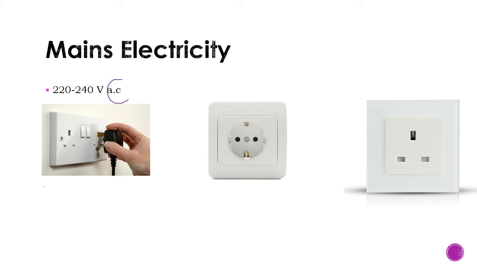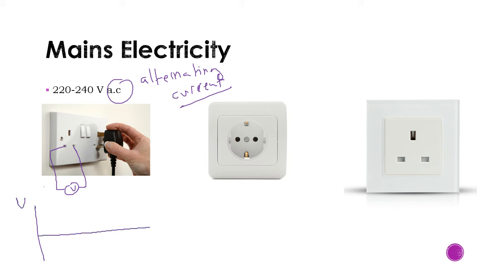Electricity at home is known as AC, or alternating current. Alternating current means that the direction of the current keeps changing. If I take a voltmeter and connect it to this plug just to see what happens to the voltage over time, unlike a battery, where the voltage is constant, the voltage of this plug keeps increasing and decreasing, then becomes negative, then positive, then negative again. Positive and negative simply mean that the direction of the current keeps changing.